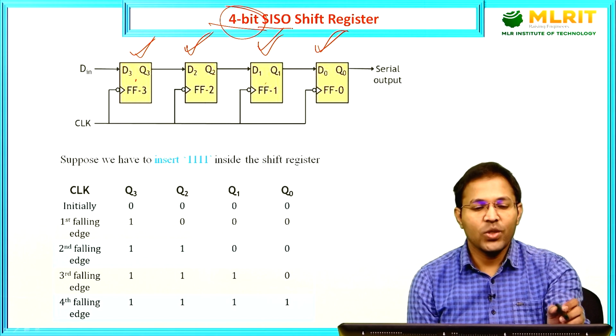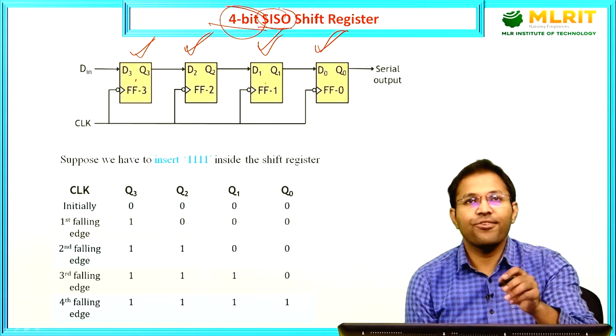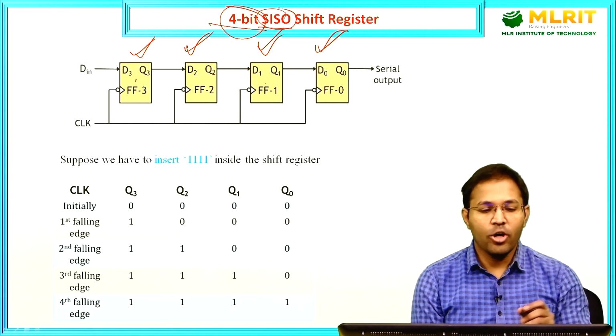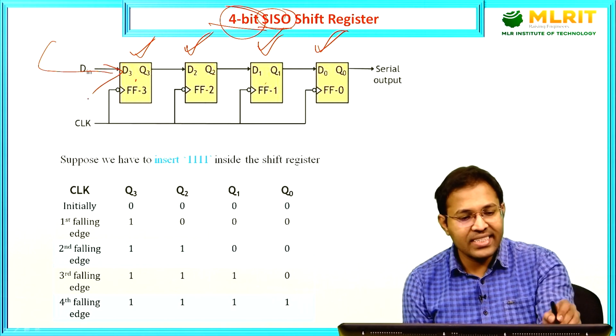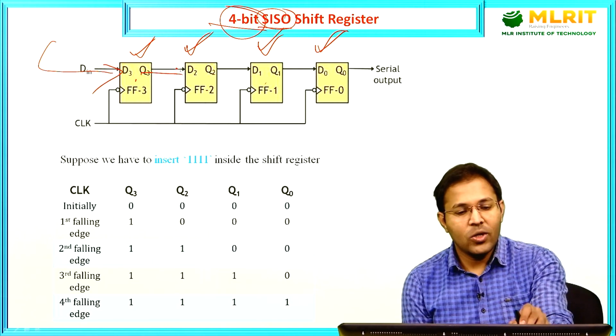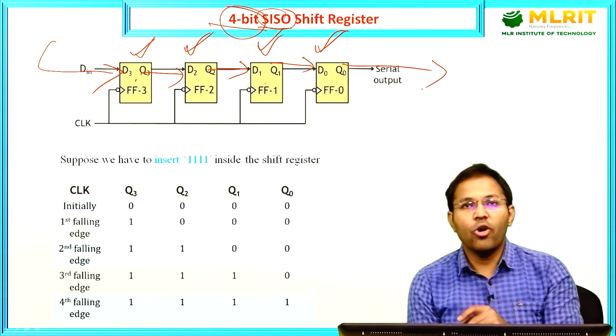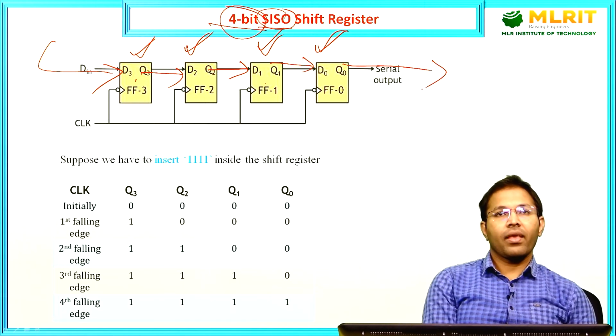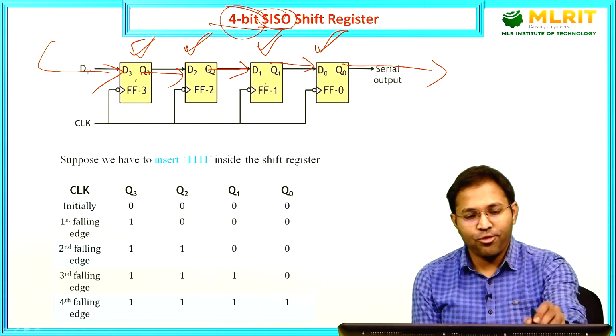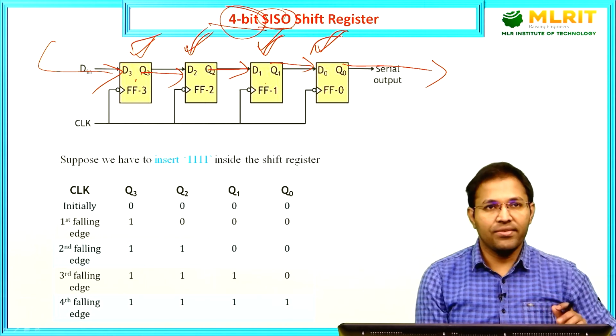Why SISO? SISO stands for serial input, serial output. Data is entered serially, it goes serially, and it is also outputted serially, fine. Hence, the name SISO shift register, 4-bit SISO shift register, okay.